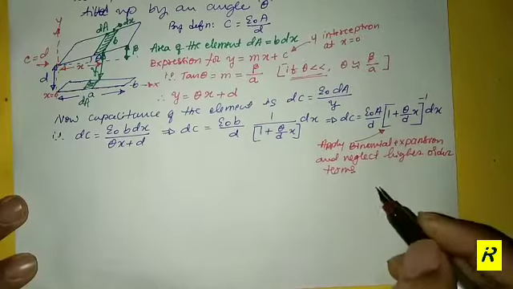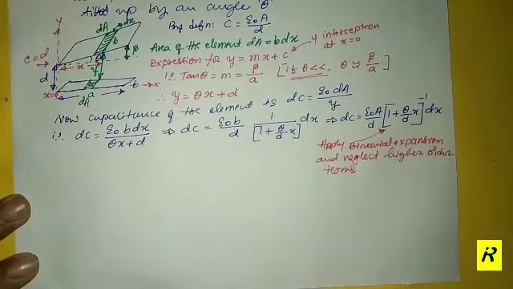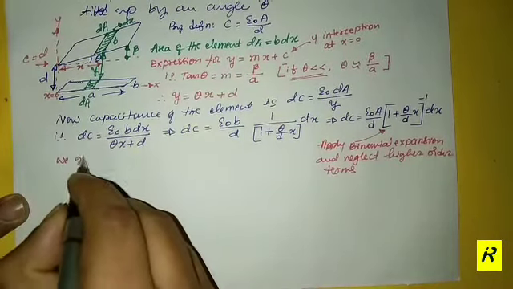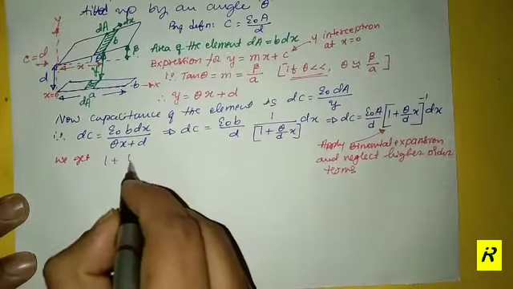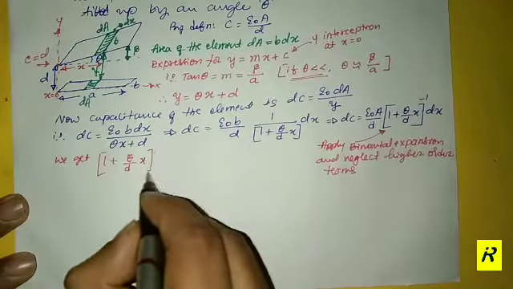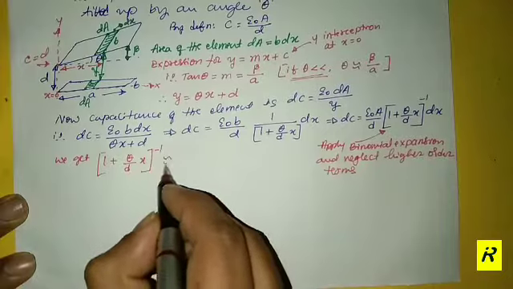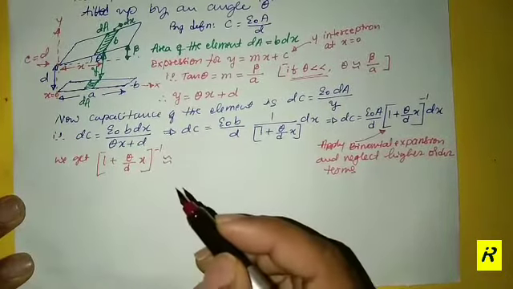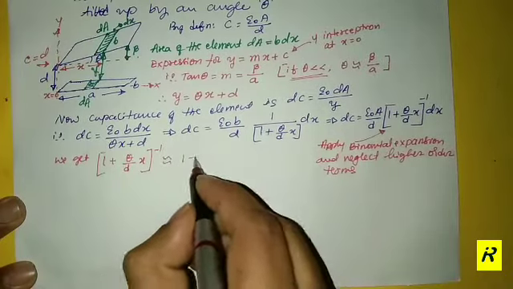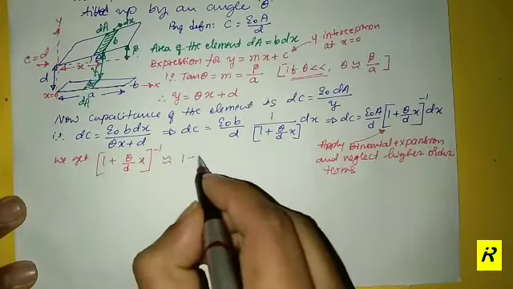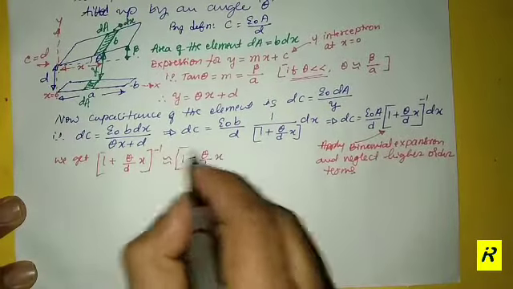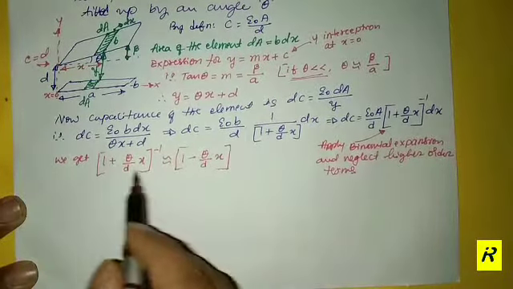If we do so, at that moment we get 1 plus theta divided by d x raised to minus 1 is approximately equal to 1 minus theta divided by d into x. This is what we may get in place of this.